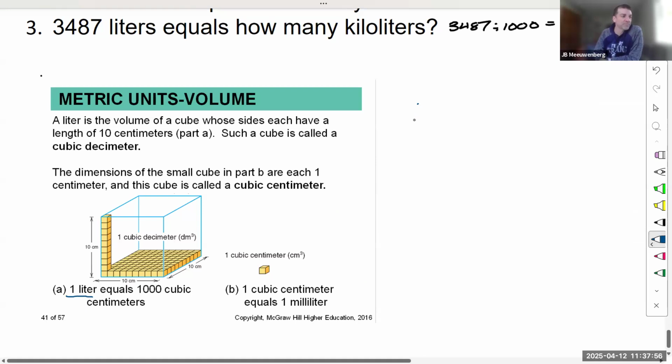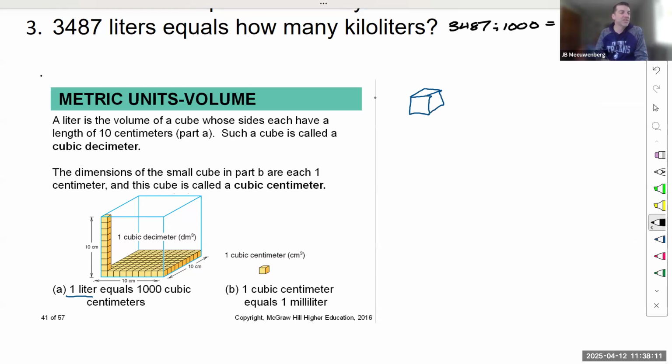But if I draw a cube, a better cube than that, and that cube on each side is 1 centimeter, it's going to be a pretty small cube. You can just pinch it between your fingers. Imagine a little cube there. That is 1 cubic centimeter.